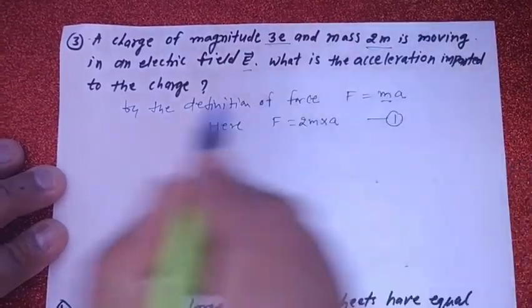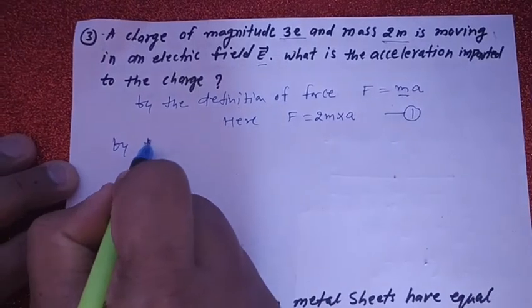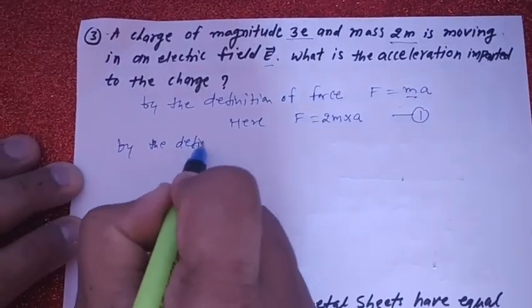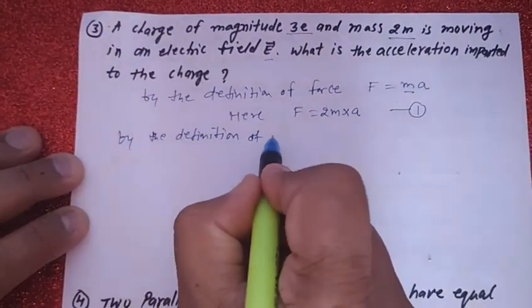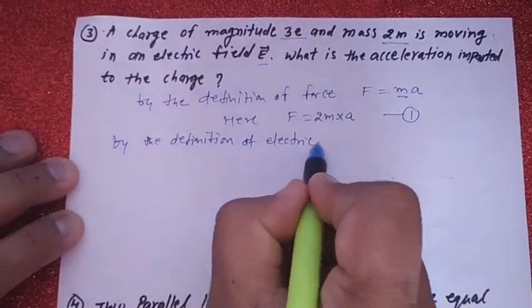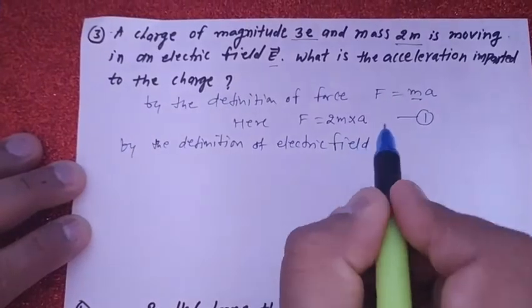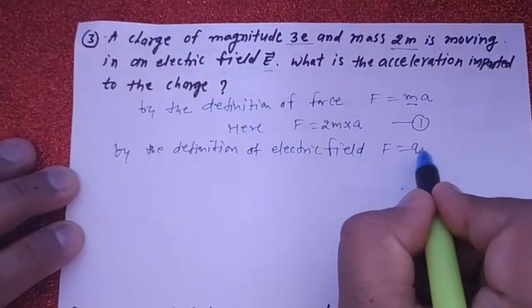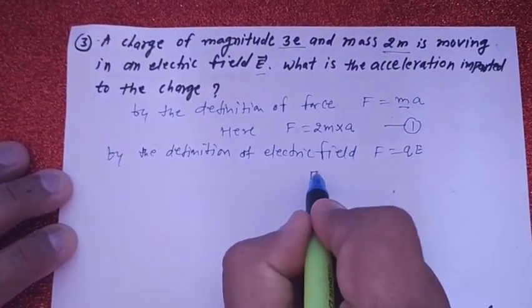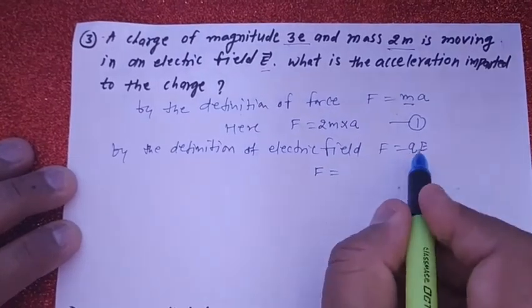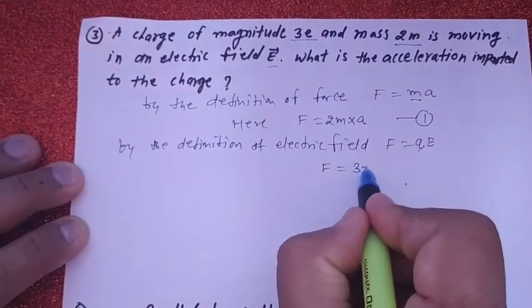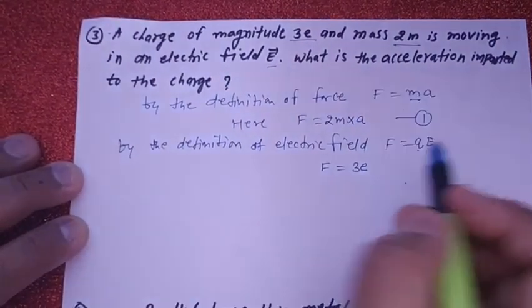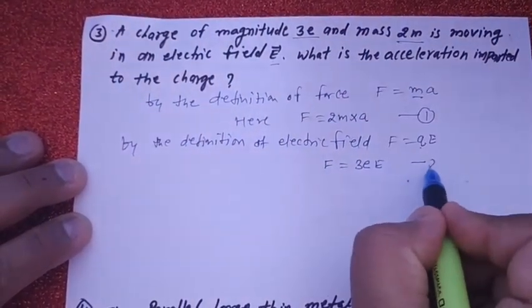By the definition of electric field, F equal to QE. So here F equal to, Q equal to 3e, electric field is E. This is equation number 2.